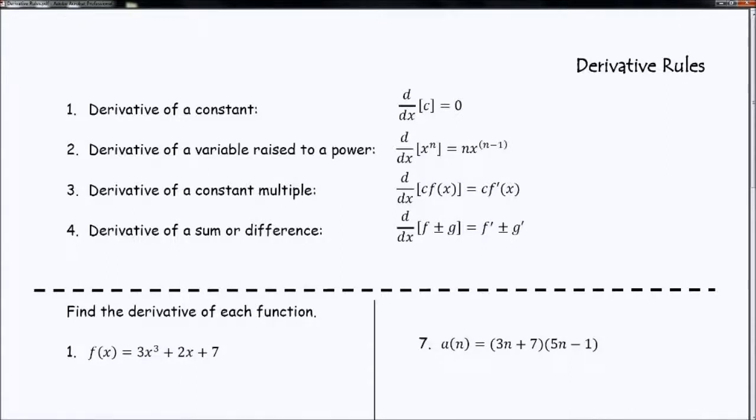Finally, if I am adding or subtracting different polynomials or different linear functions, if I have different pieces, different terms, I can just take the derivative of each term. So let's say I have y is equal to 3x squared plus x plus 2. I just take the derivative of each piece. And so I'm going to multiply my 2 times my 3 and get 6.